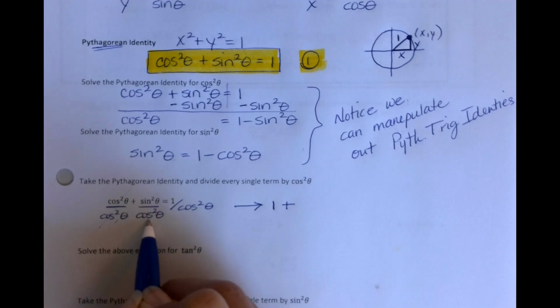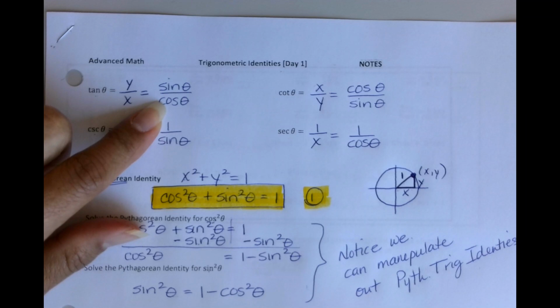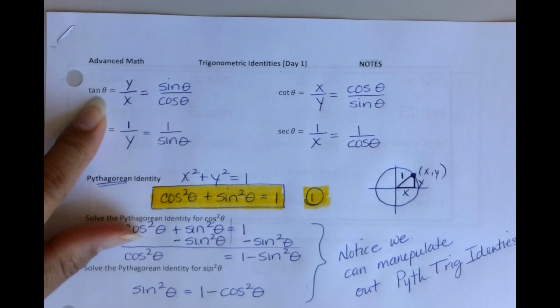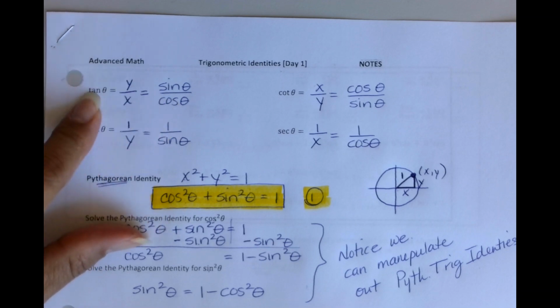Well, we already established, if I move up here to my formula chart, that sine over cosine is tangent. So sine squared over cosine squared is going to be tangent squared theta.